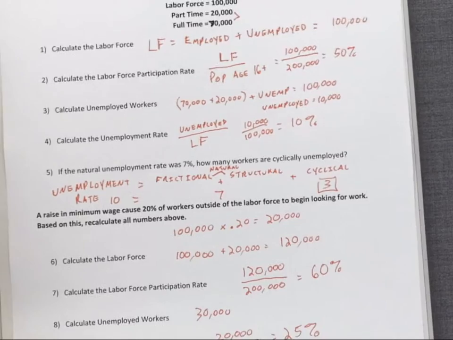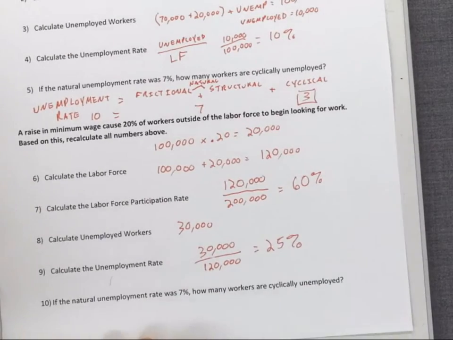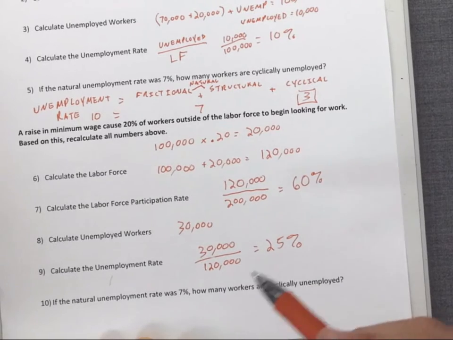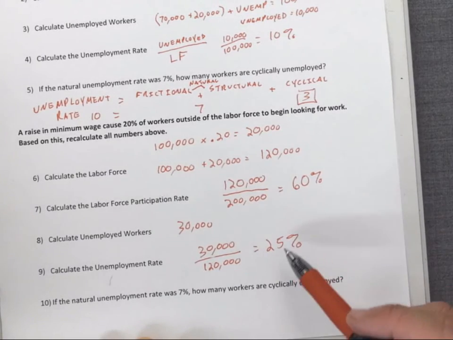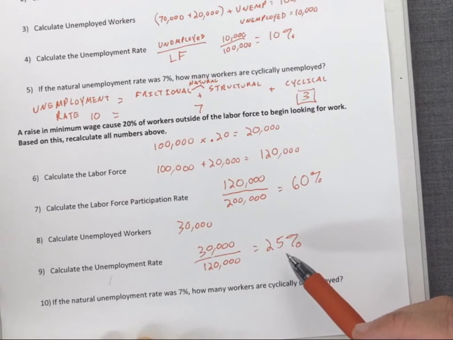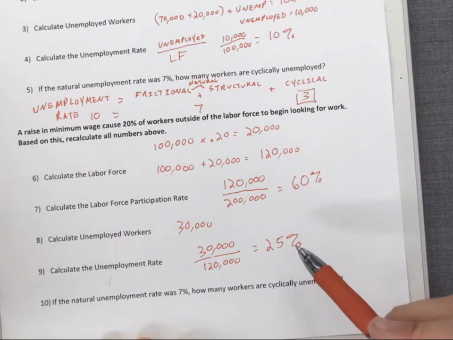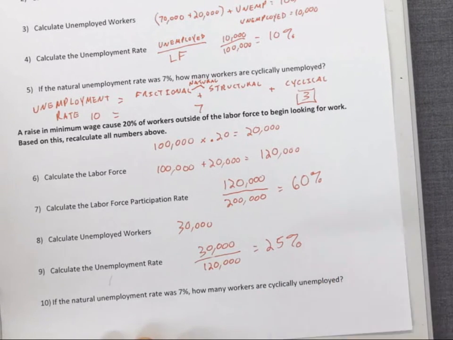Now, for those of you that listened in class when we went over this, this is a bad question, because unemployment that is caused by a change in mandatory wages, such as minimum wage, such as negotiated labor through unions, is structural unemployment. So I said the natural unemployment rate was 7%, but we had this huge change. That change would have actually impacted the natural rate.